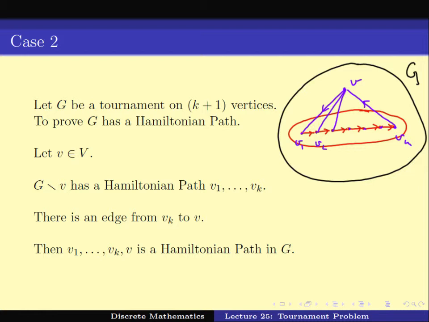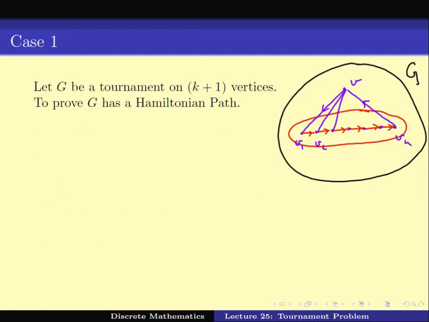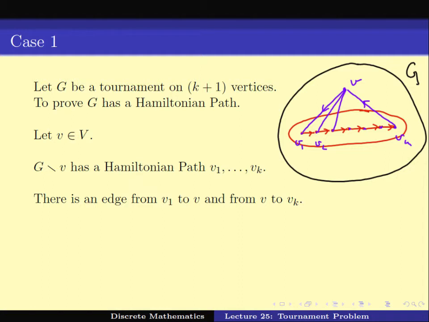Great. Now we come to the third case. The third case is that neither of these two happens, right? So there is an edge from V1 to V. Let me draw them. There is an edge from V1 to V and the edge from V to Vk.